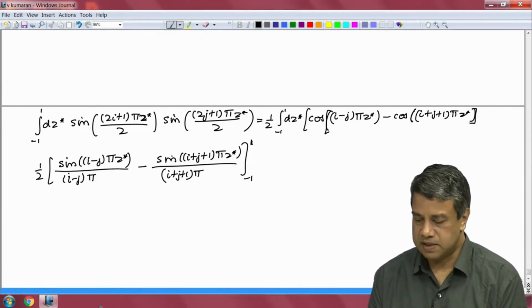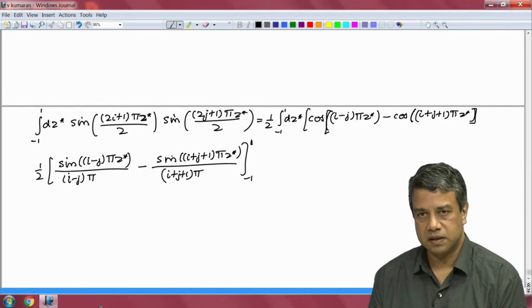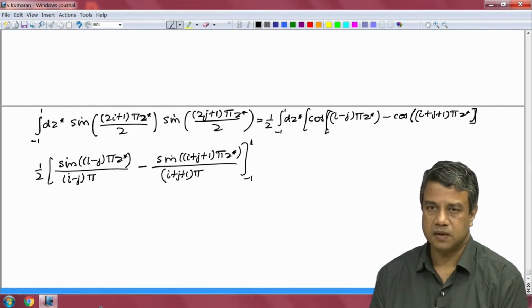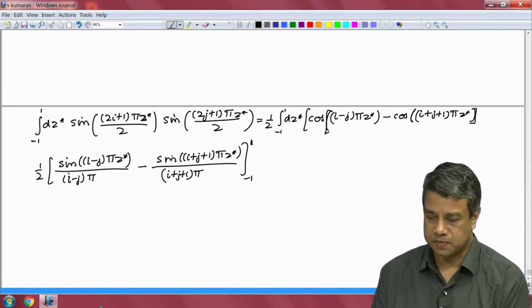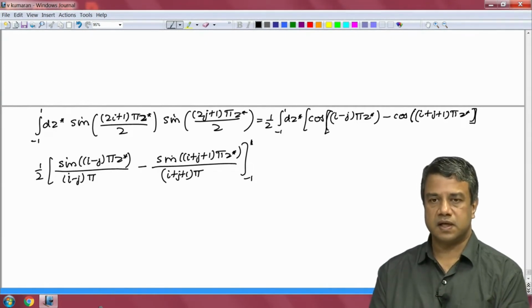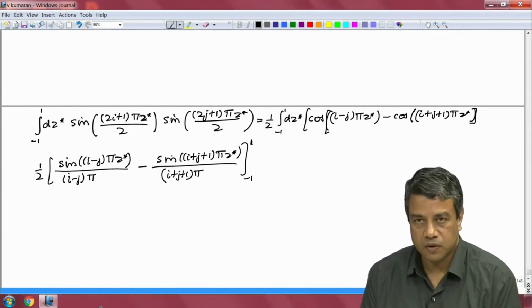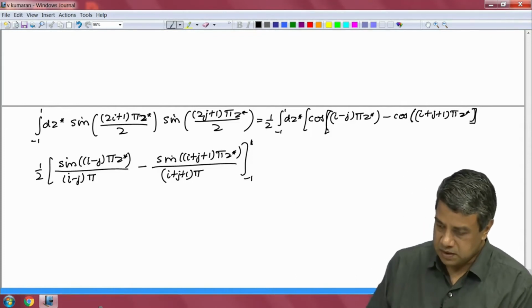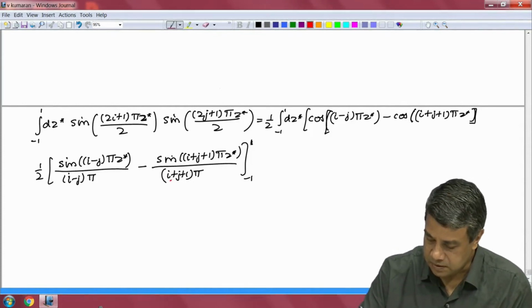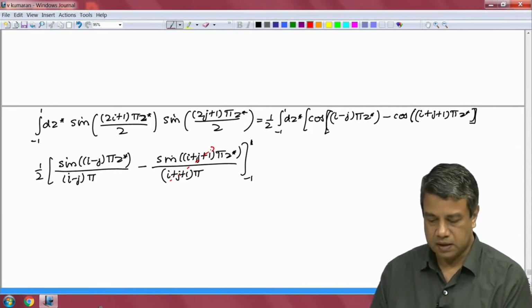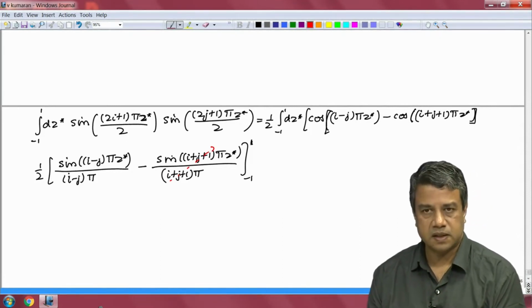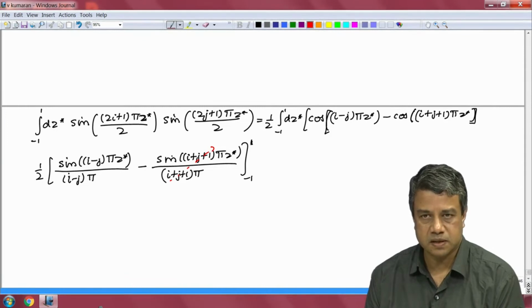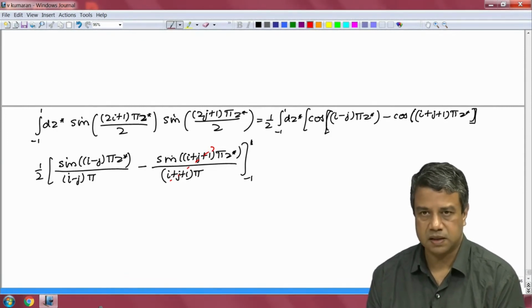Sine of (i plus j plus 1) pi z is always 0, because sine of any integer times pi has to be 0 for both z equal to plus 1 and minus 1. So, the sine function here has to be equal to 0. The first term as well, that sine function has to be 0 for all integer values of i and j.